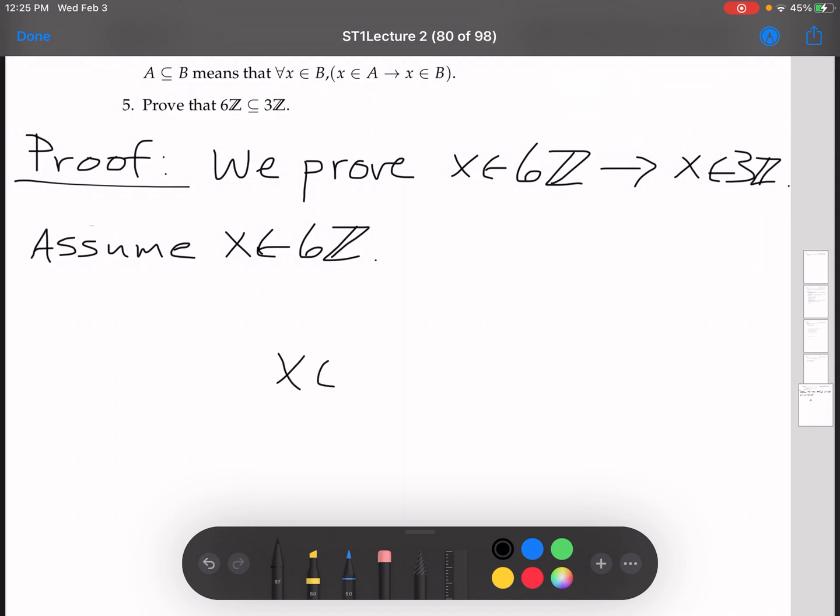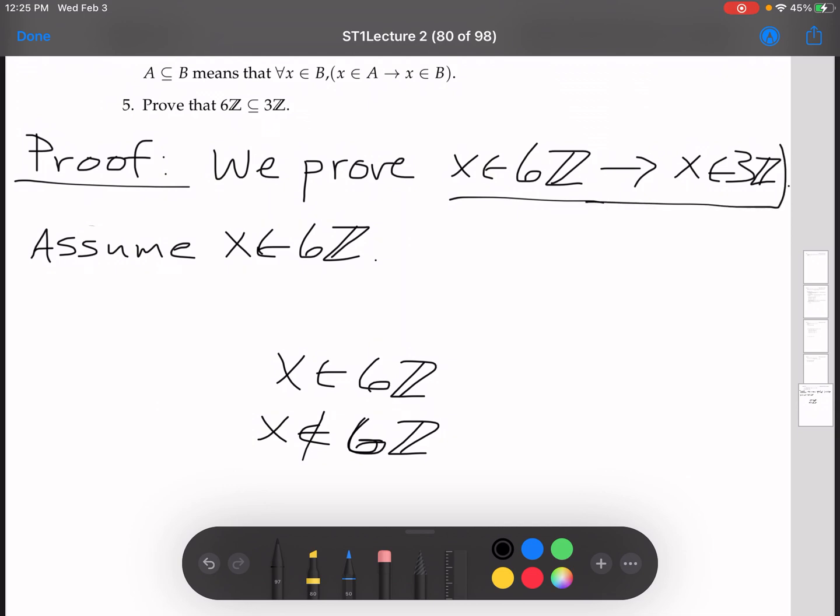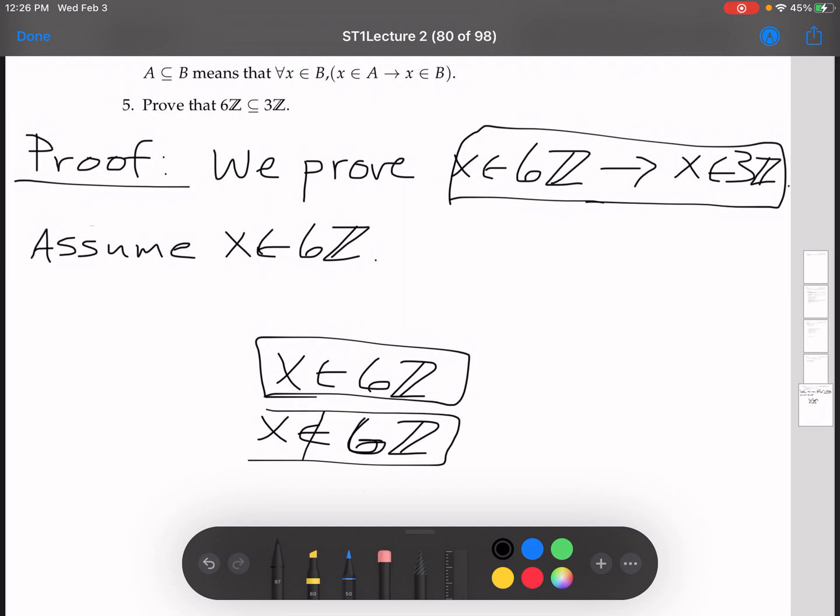Either x is in 6Z or x is not in 6Z. If x is not in 6Z, then this is false, and the overall statement is true. So we may as well assume this one, because if we assume this, then we're done.